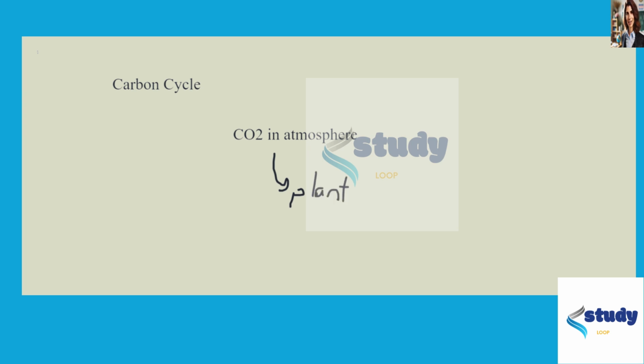Autotrophs. The carbon within the plants is then eaten by animals. But then through respiration, it goes back into the atmosphere, right?